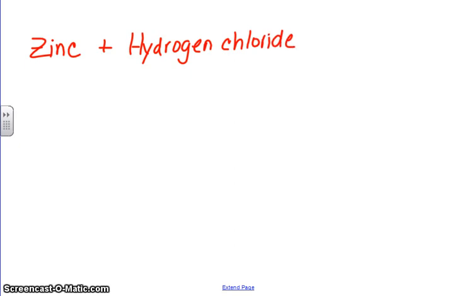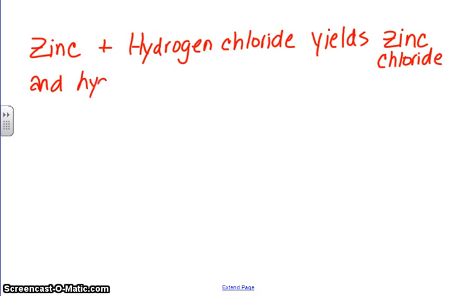So, let's do examples because that's the best way to learn this. If I were to give you the word equation of zinc plus hydrogen chloride yields zinc chloride plus hydrogen, what's our first step?